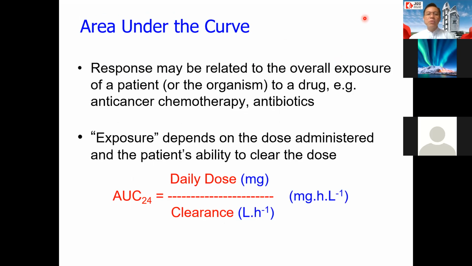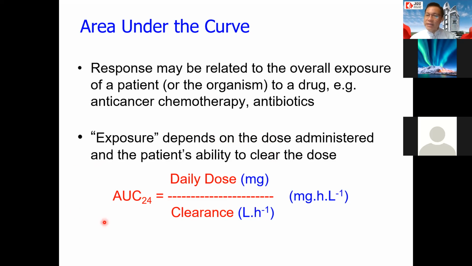So how to calculate the area under the curve? Response may be related to overall exposure of a patient or the organism to a drug, for example anti-cancer chemotherapy, antibiotic. Exposure means the amount of drug being exposed to that patient, which depends on the dose administered and the patient's ability to clear the dose.